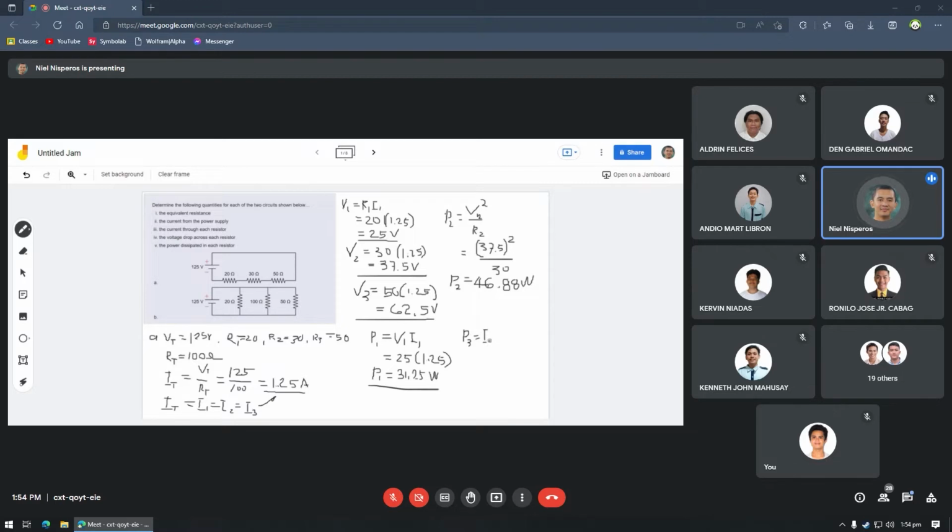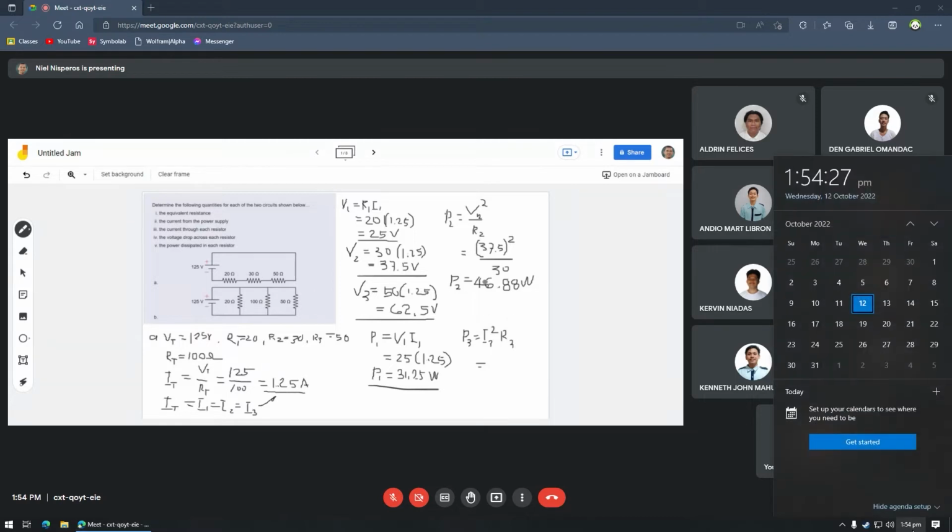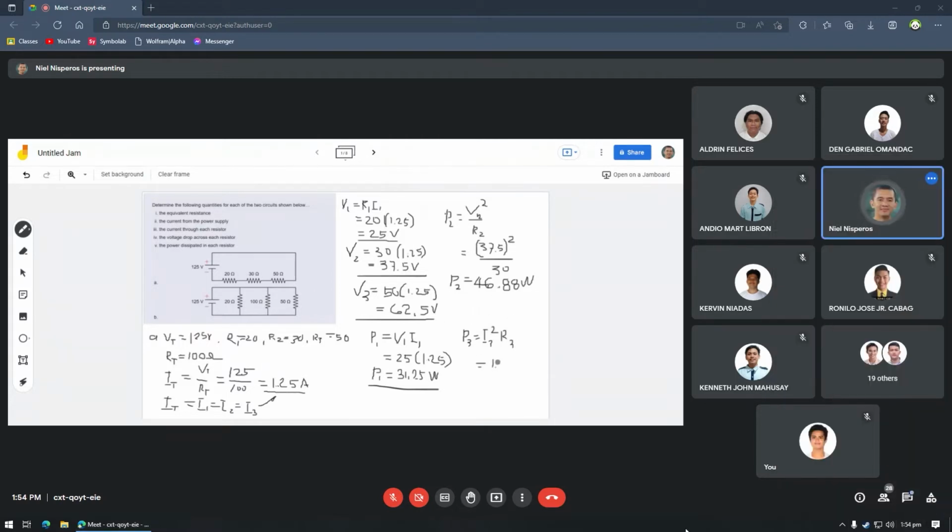And then for P3, we will use I3 squared times R3. So this is equal to I3, so 1.25 squared, times R3, which is 50.